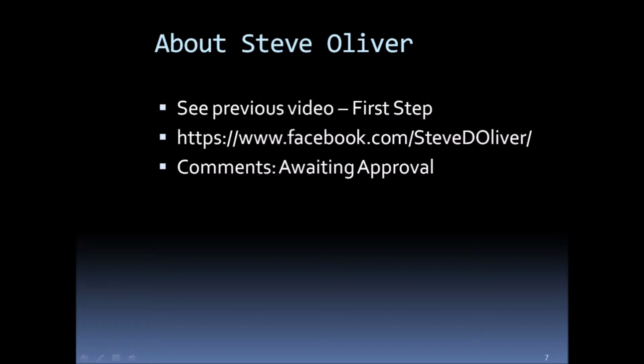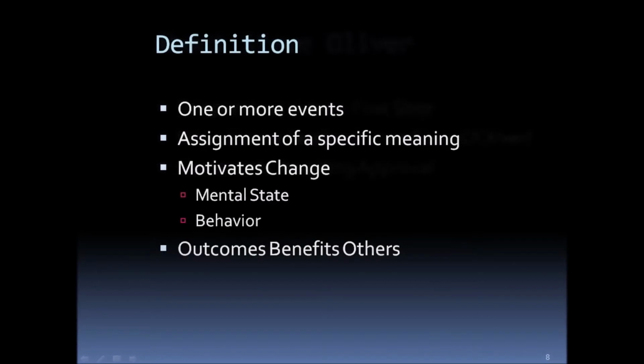Okay, I just want to expand the definition of a spell a bit more accurately. So here's a deeper evaluation of what I call a spell. It's basically one or more events that, when you experience them, you assign a specific meaning to that event or series of events.